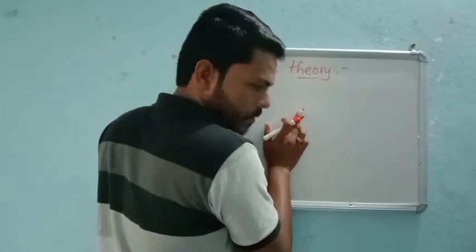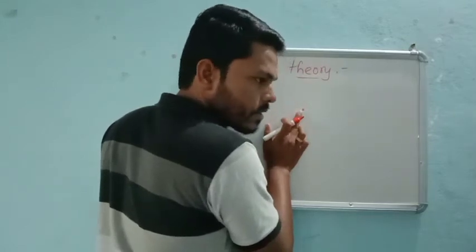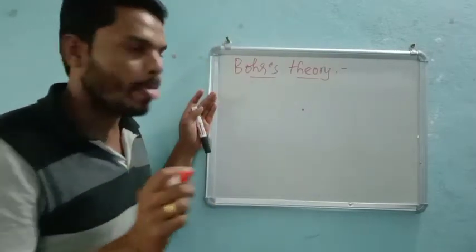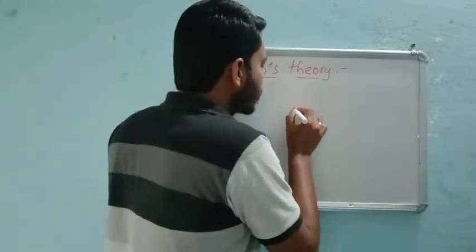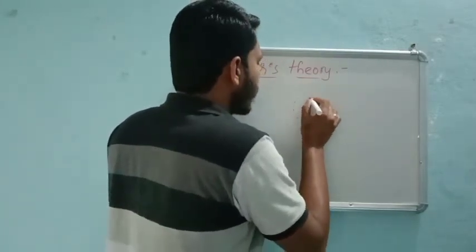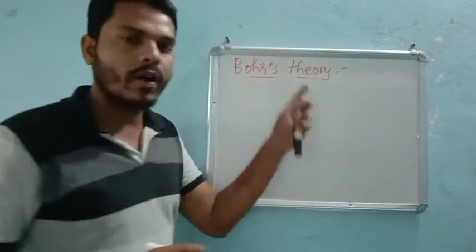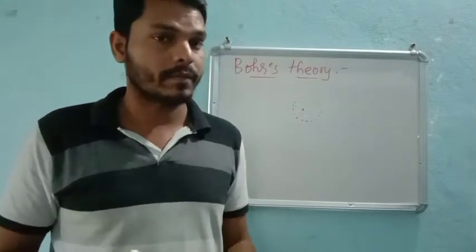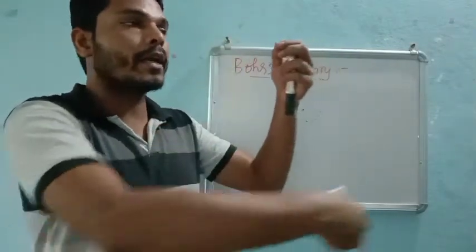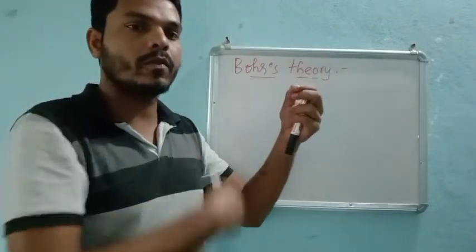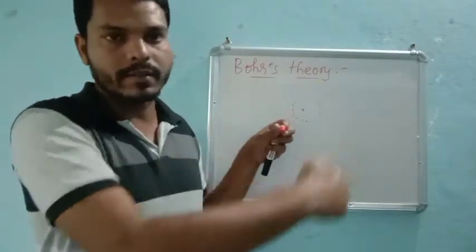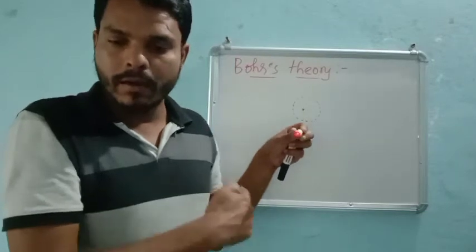If we consider this as the nucleus of an atom, then according to him, electrons will always be revolving around the nucleus in a circular path, right? By making a circle like this, they always revolve around the center in a circular path.